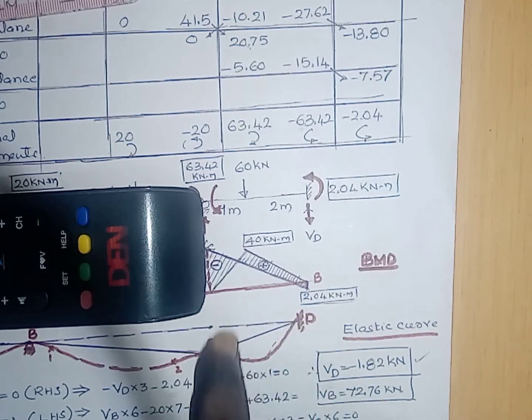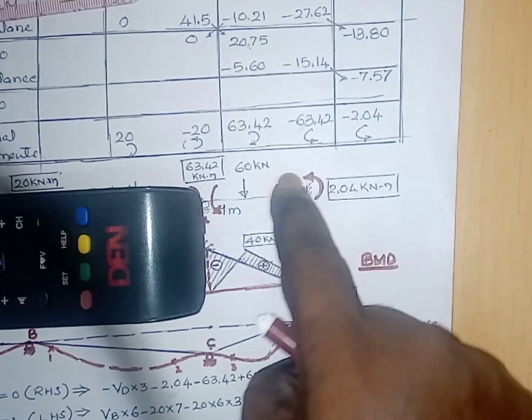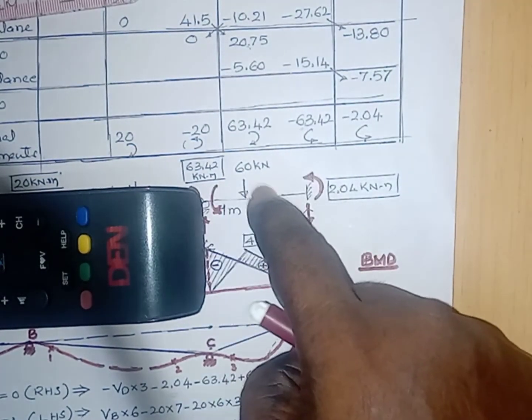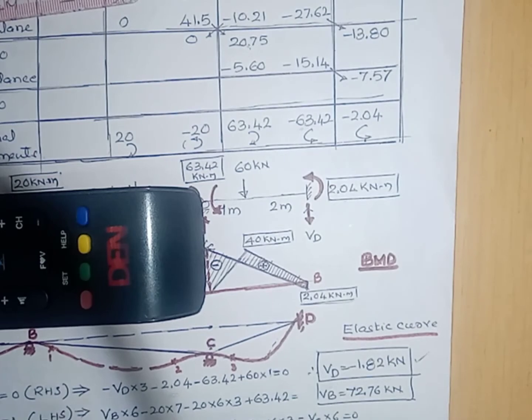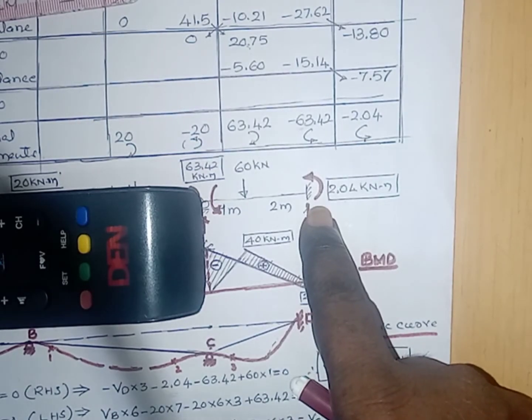In this remaining portion there are VD, this moment and this point load. Summation of MC equals 0, for the RHS portion, VD into 3, that one is clockwise. We have assumed it in upward direction.